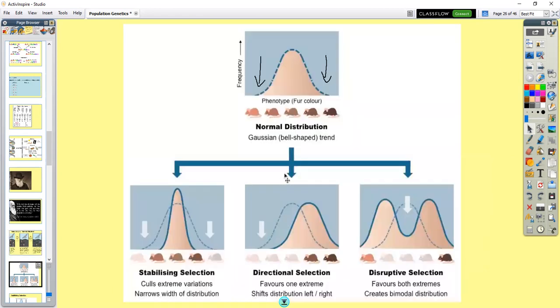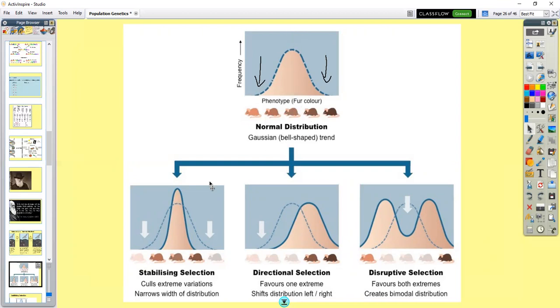Okay, two different types of selection that you need to know about. Most populations will have this sort of normal curve, or sigmoidal curve. So there are a few people, organisms, whatever it is, plants at the extremes, whereas most of them tend to be average. Now this is fur color, it could be height, it could be anything else. Most people or organisms are found at the average.